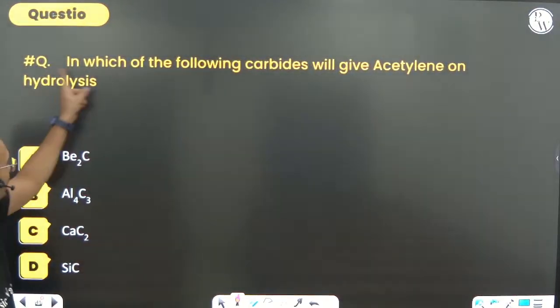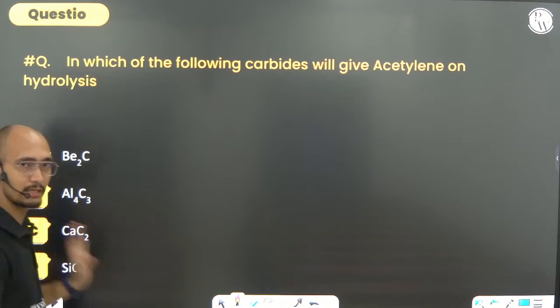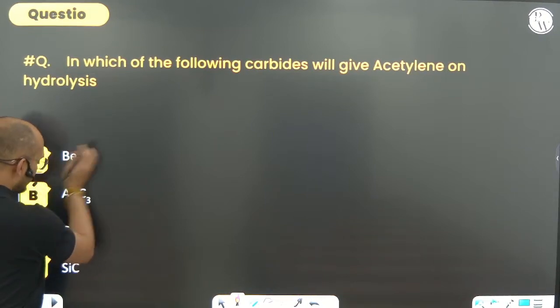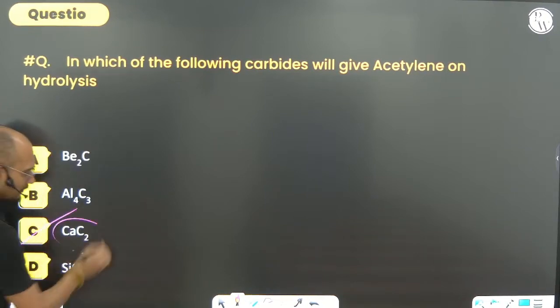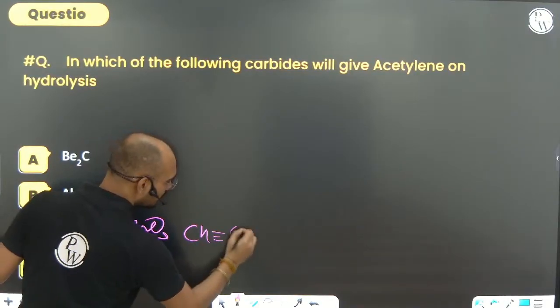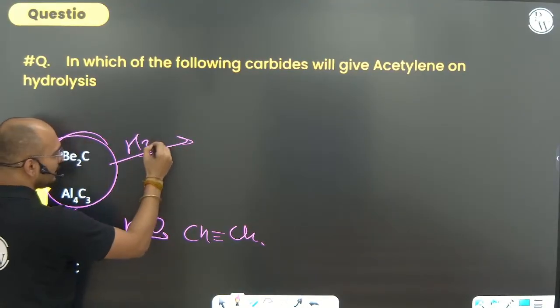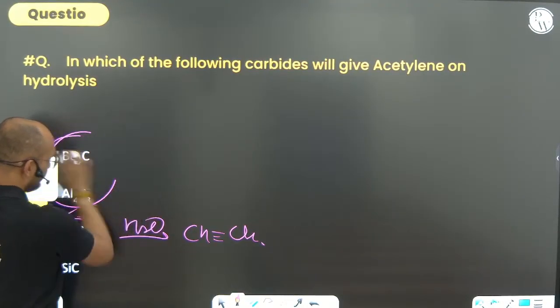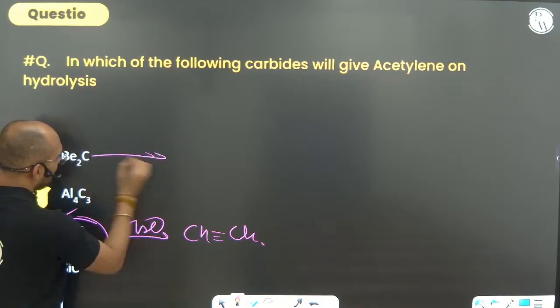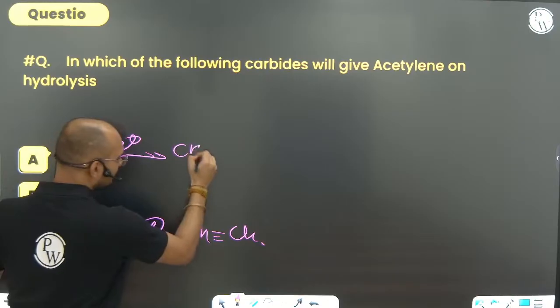Next, which of the following carbides will give acetylene on hydrolysis? Please remember, very important, calcium carbide on hydrolysis gives CH≡CH, while Be2C and Al4C3, if you give H2O, will give methane. Be2C converts into methane.